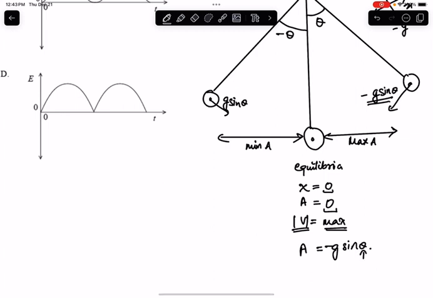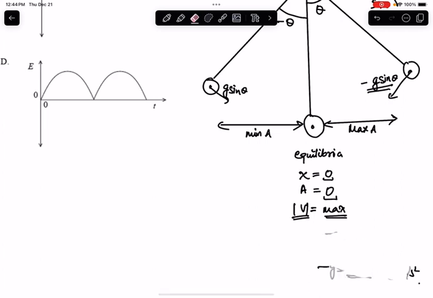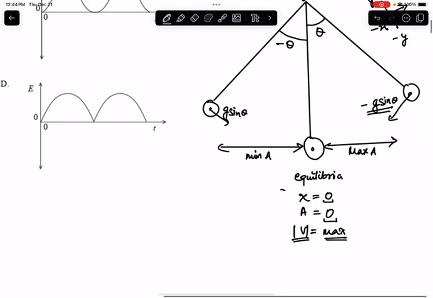But at the equilibrium position, theta is 0, so this is negative g sine of 0. And we know that sine of 0 is equal to 0. Therefore, the acceleration becomes 0 meter per second squared. So the displacement is 0, acceleration is 0, and the velocity is at the maximum.